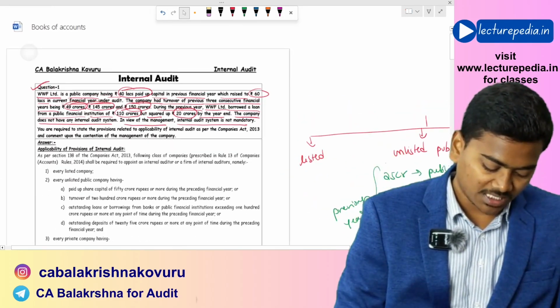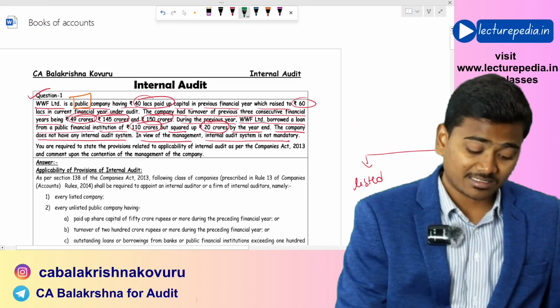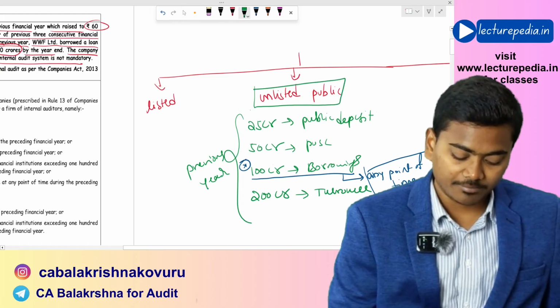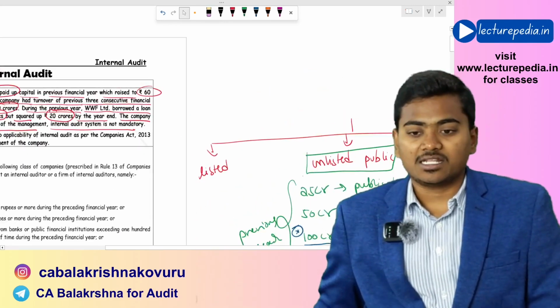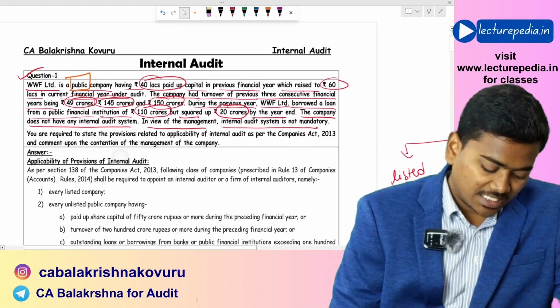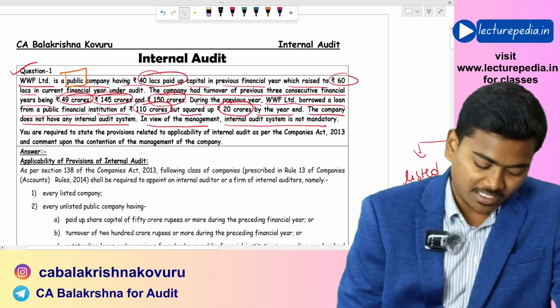If you see in our question, our WWF Limited is a public company. They have not said that it is a listed entity, so it will be an unlisted public company. You need to check if any one of the following criteria is being satisfied. First of all, they are speaking about paid up capital.